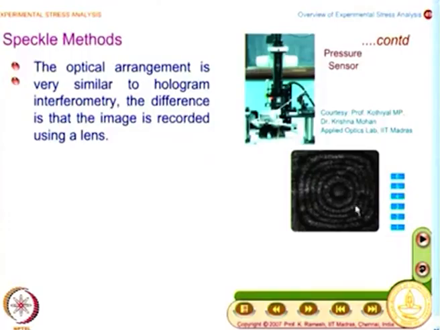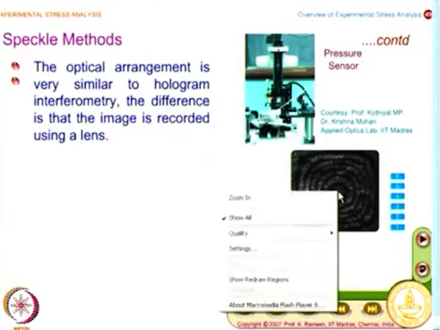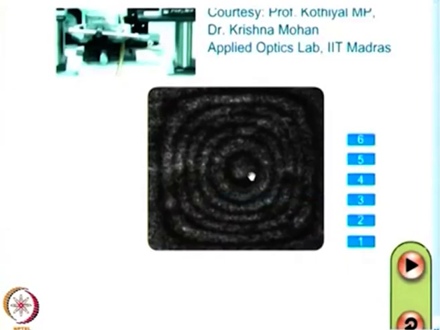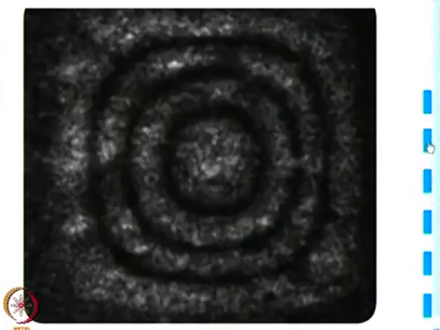And what you have here is a pressure sensor, and I can change the load here, and you can see the fringes, and first impression you get is they have very low contrast, and they are not as smooth as what you get in photoelasticity.